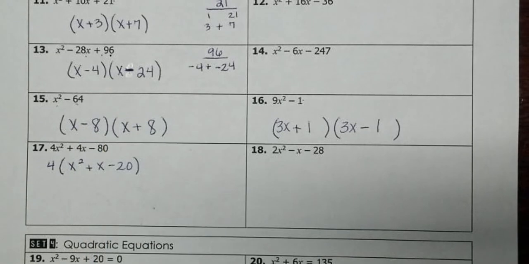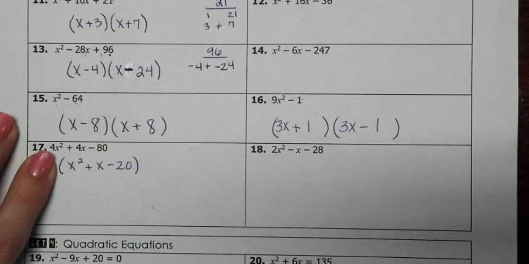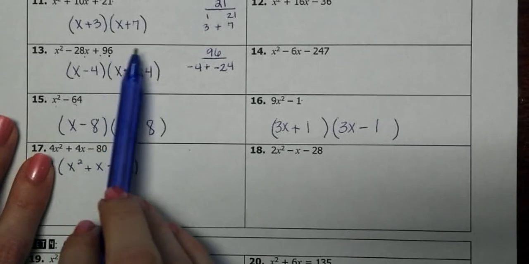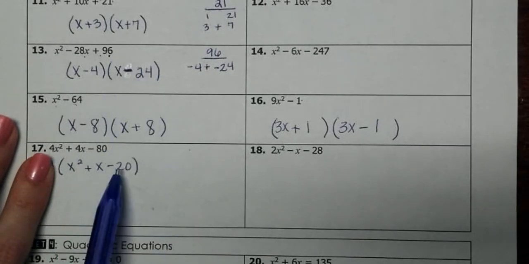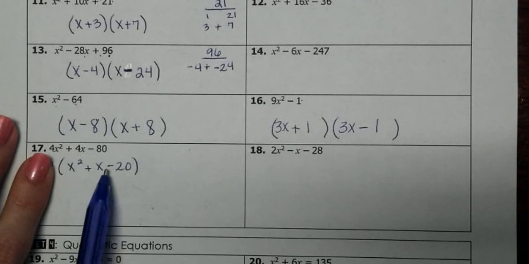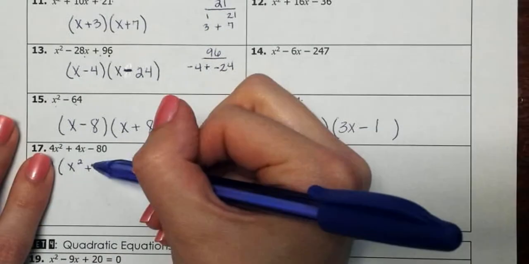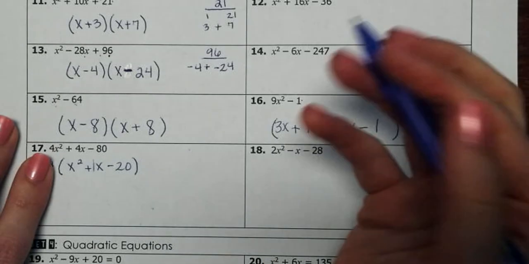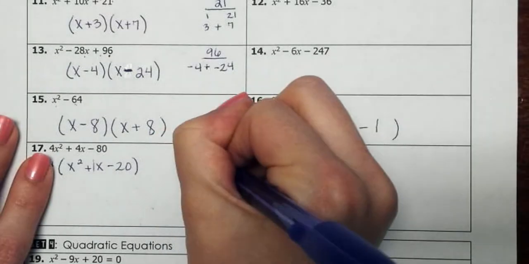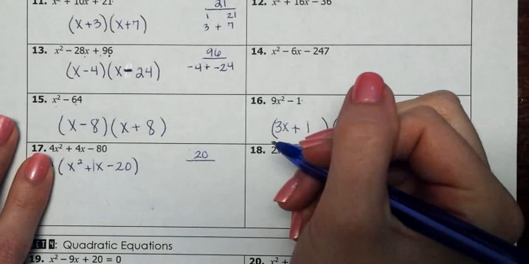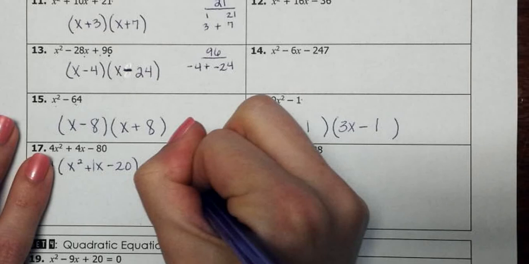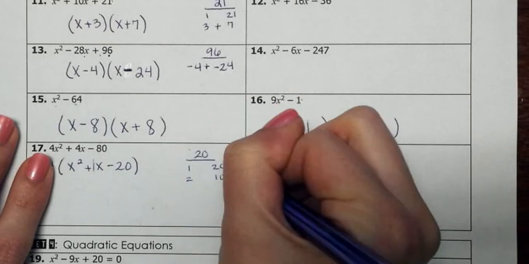So I'm just going to ignore this 4 for the time being. And I'm going to factor this just like I would any of the other factors up here. So I'm thinking of factors of 20 that subtract to give me 1, this should be a 1. It's an imaginary 1. So factors of 20 that subtract to give me 1. Okay? So I have 1 and 20, 2 and 10, 4 and 5.